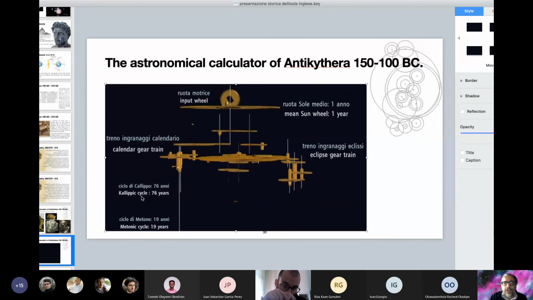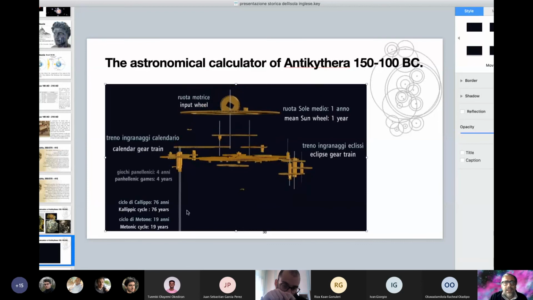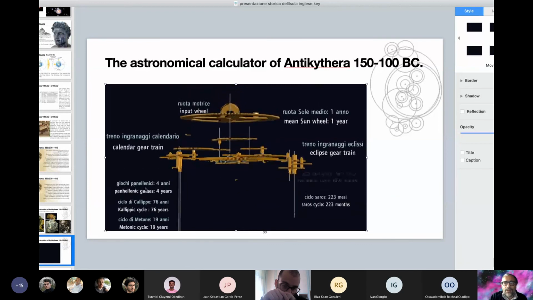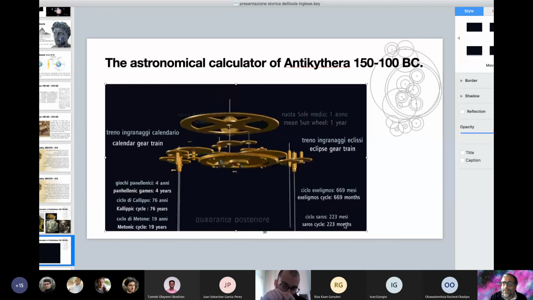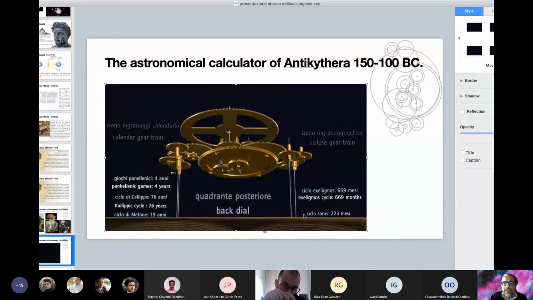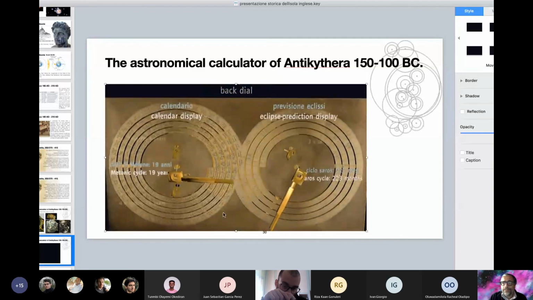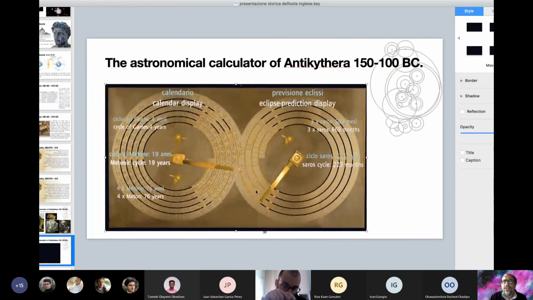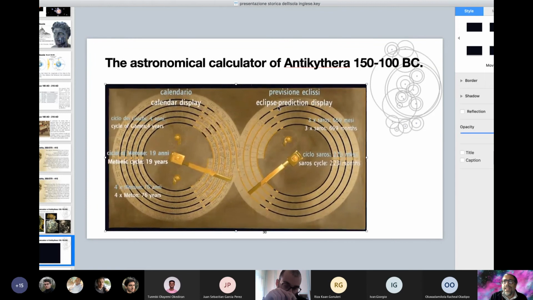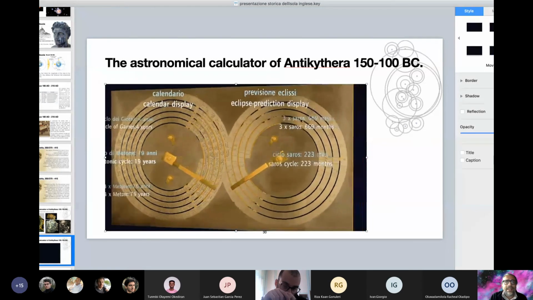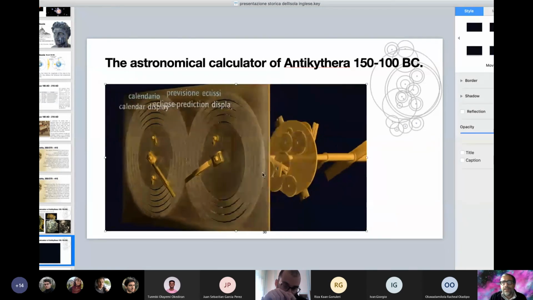Then you have some cycles used in the Greek calendar, in particular the Olympic Games. Then you have the back dial. Here you have the eclipse prediction display and the calendar display.